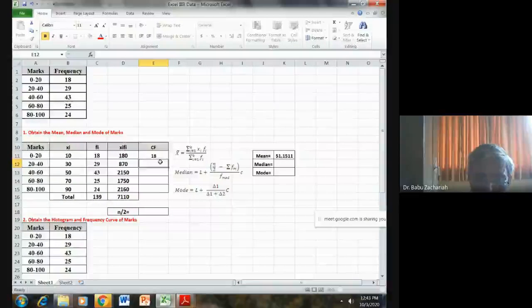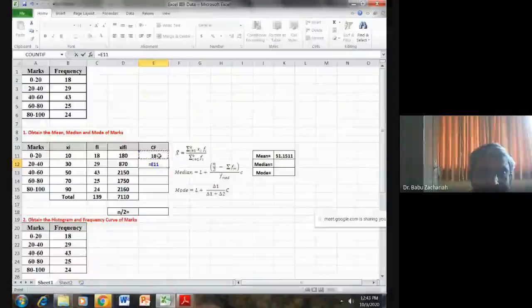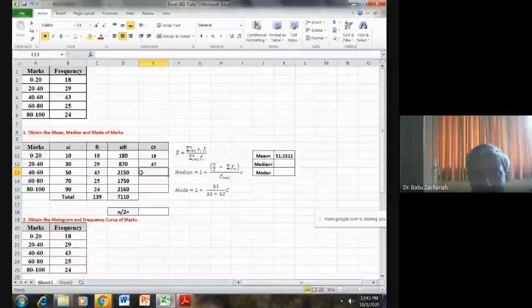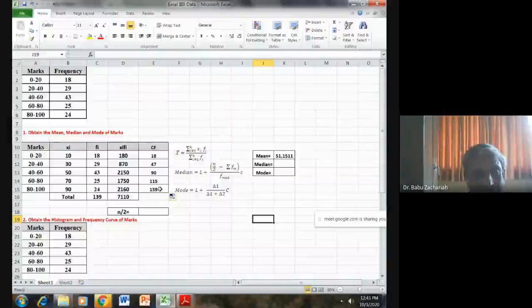So what I have to do is the previous frequency plus the present frequency. The rest I can copy and it will come automatically. So the total is 139.